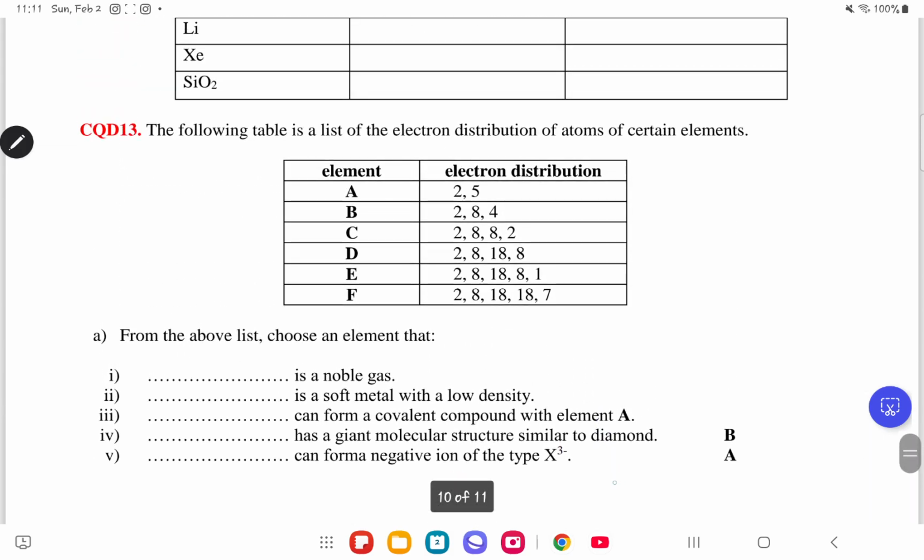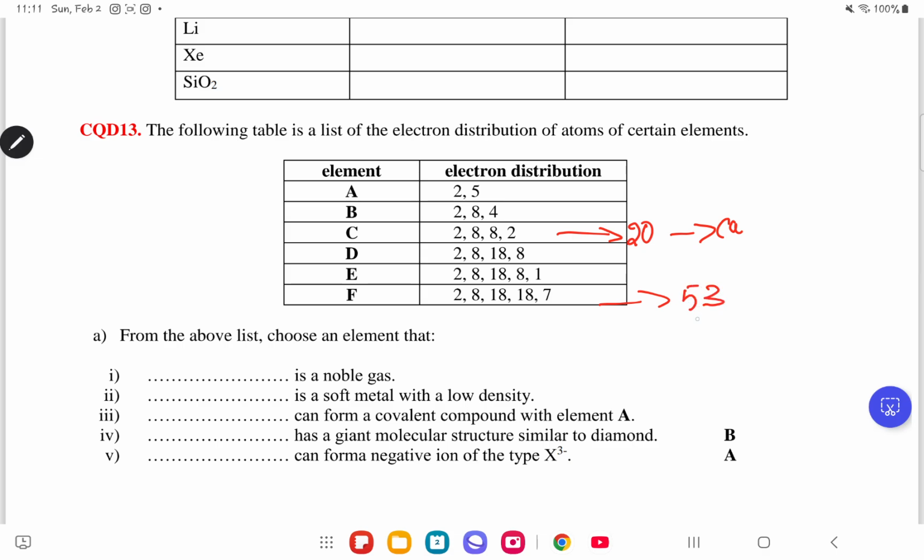First of all, let us find out what C and F are. C has atomic number of 20. So if you look at the periodic table, calcium has an atomic number of 20. F has an atomic number of 2 plus 8 plus 18 plus 18 plus 7. So that is 53. So it is iodine.